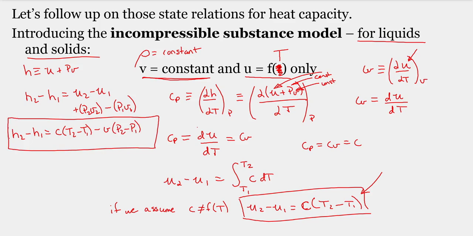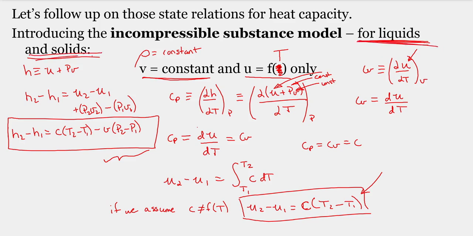Okay, so what we can see is that the change in the enthalpy is simply given by the change in the internal energy, which is simply given by the change in the temperature, and then we subtract off this piece of the contribution from the pressure and the density. And sometimes this portion will be really small and it won't matter. So all we care about is this portion. And what that's really telling us is that the change in the enthalpy and the change in the internal energy are the same.